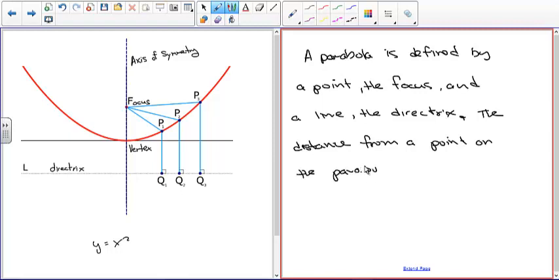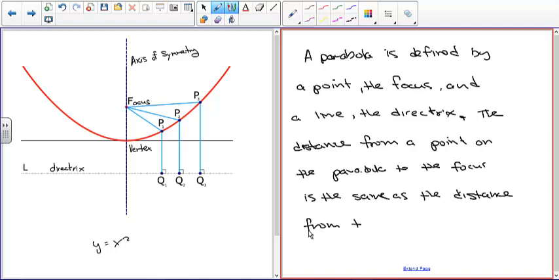to the focus is the same as the distance from the same point to the directrix.